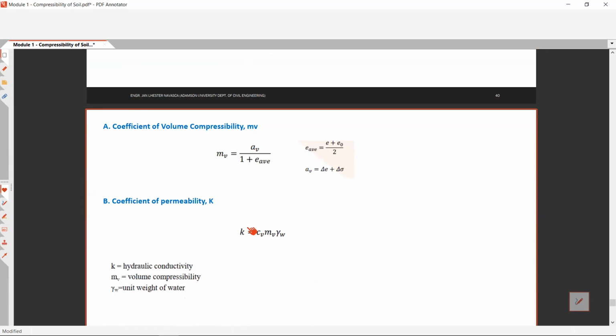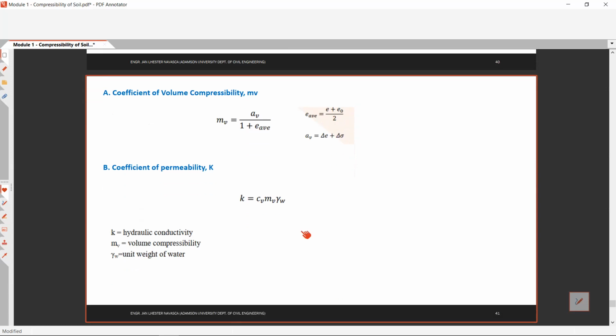So the notation for coefficient of volume compressibility is denoted as m sub v, written in this formula, m sub v equals a sub v over 1 plus e average, whereas yung a sub v mo is delta e over delta sigma, or the induced pressure at the top. And e average is e plus e sub 0 over 2, or the average of the void ratio.